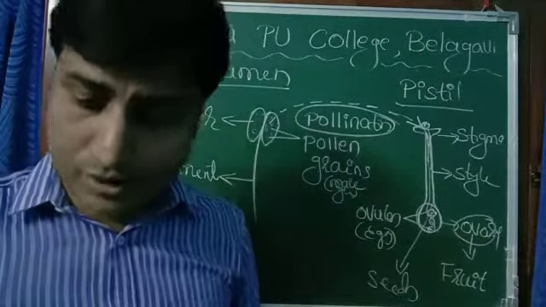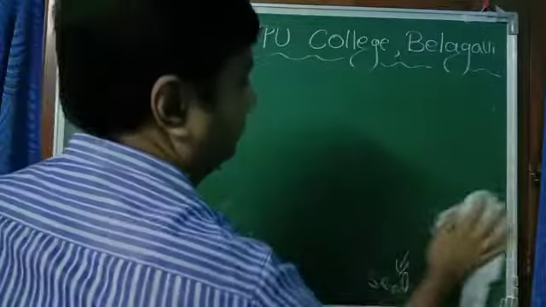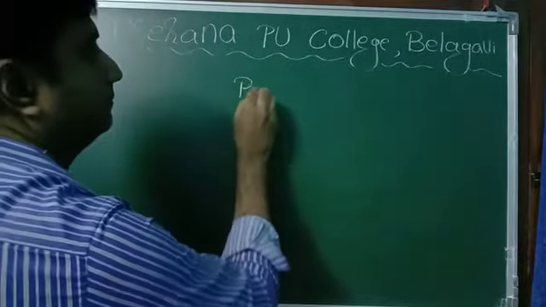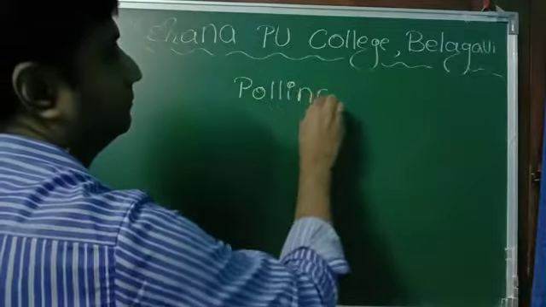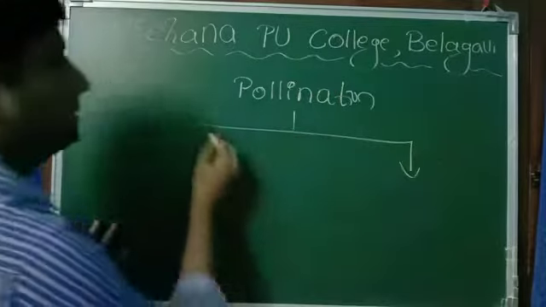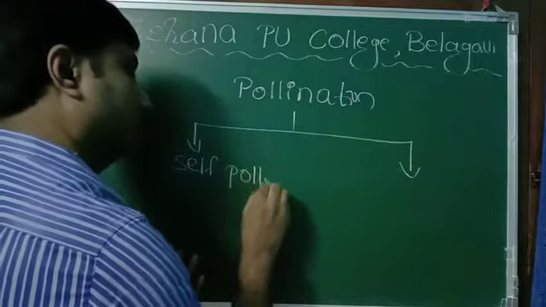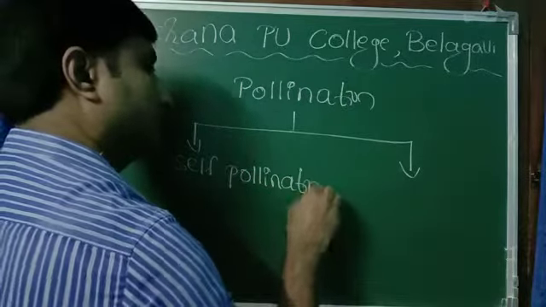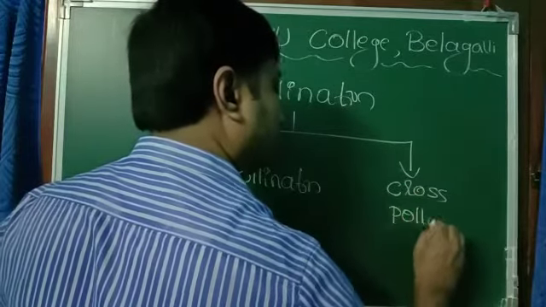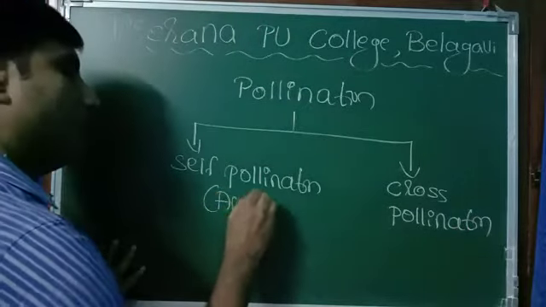Pollination is of two types: self-pollination and cross-pollination. Self-pollination is also called autogamy.